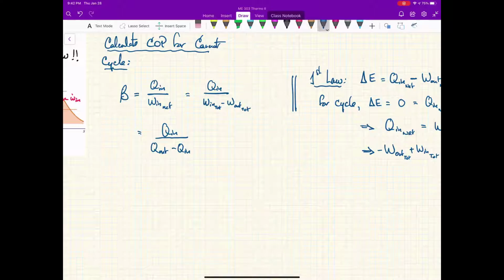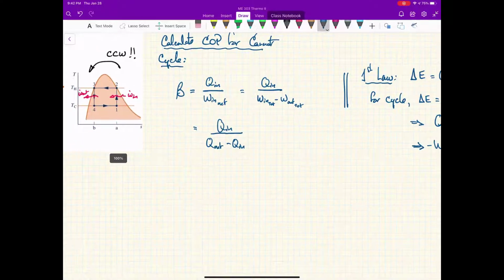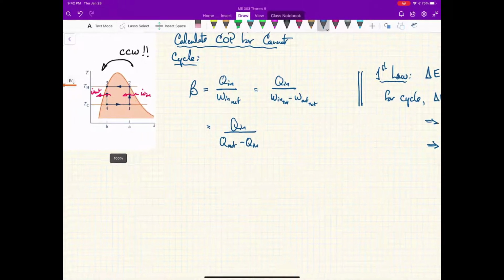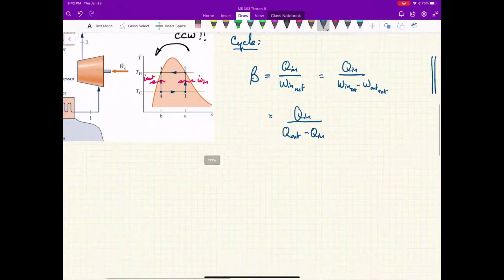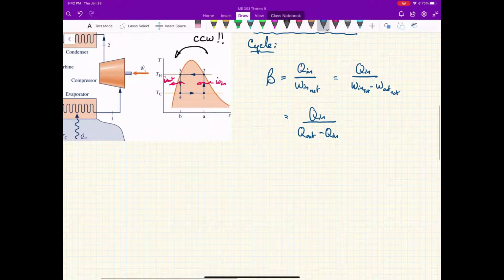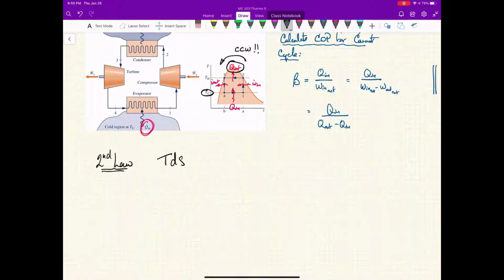So what is the heat in and the heat out for the Carnot cycle? This is what we have to deal with now to substitute to find the coefficient of performance. So recall from the second law now, TdS is greater than or equal to the heat transfer that occurs to cause the change in entropy.